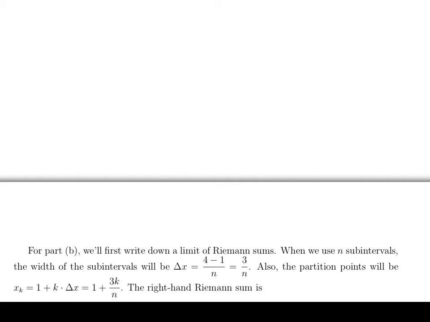The partition points always start at 1, and then every time we move over to the next partition point, we have to add delta x. So partition point x0 is just going to be 1, and then for x1, we take 1 and add delta x. We're starting at 1 because that's the lower limit of the integral. When we work all this out, this is partition point k.